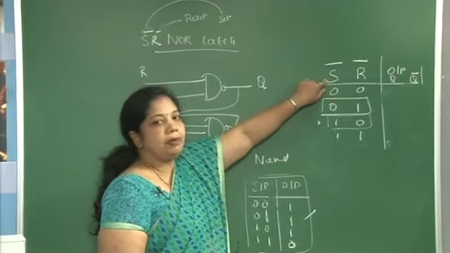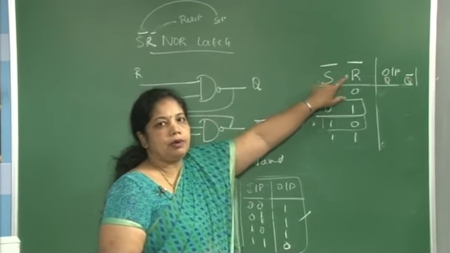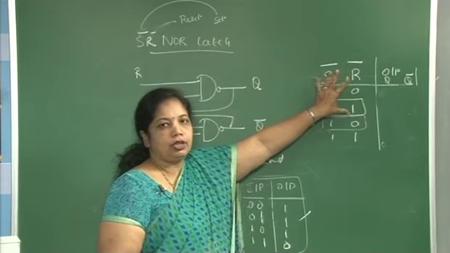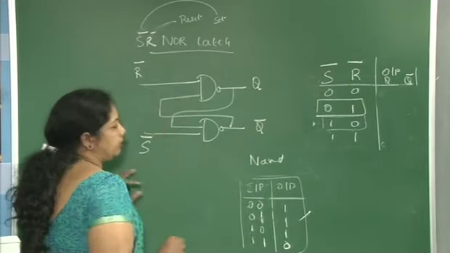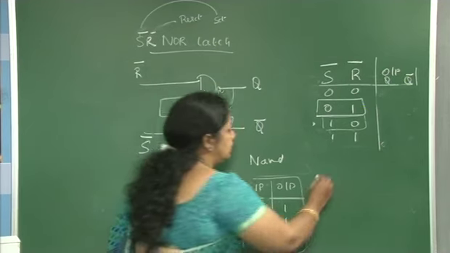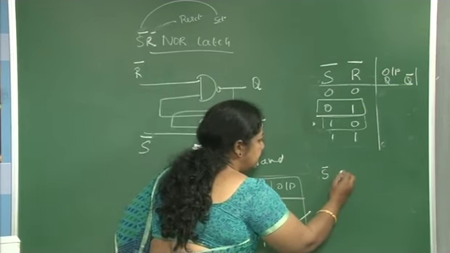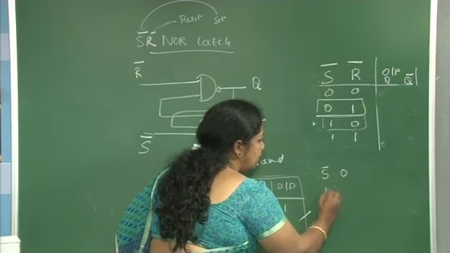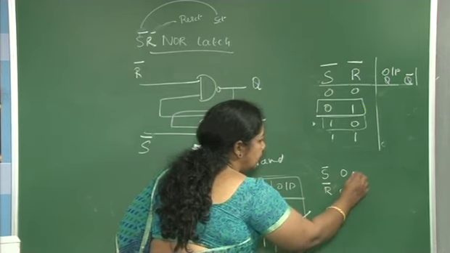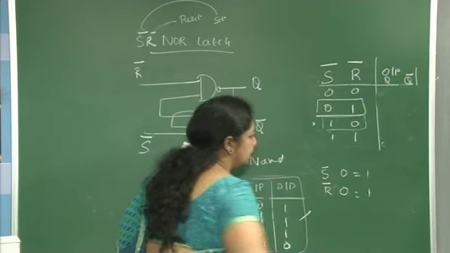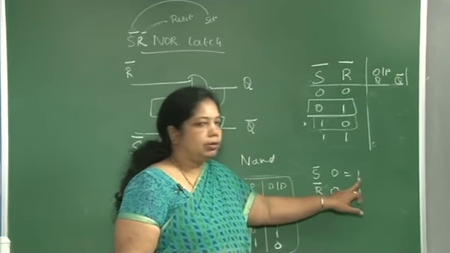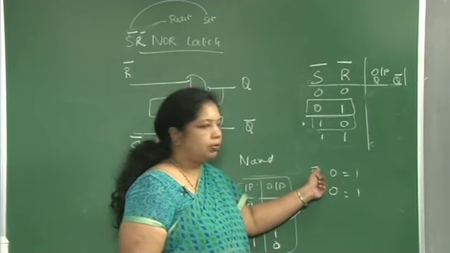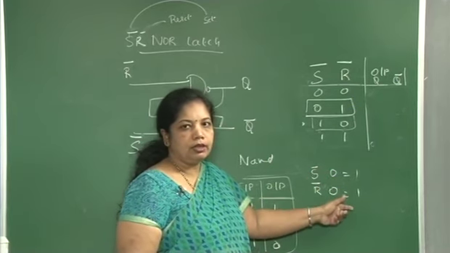So these are the complemented S and complemented R inputs to the latch. If S bar is 0 and R bar is 0, it is equal to 1 and 1, since I am using complement inputs here.